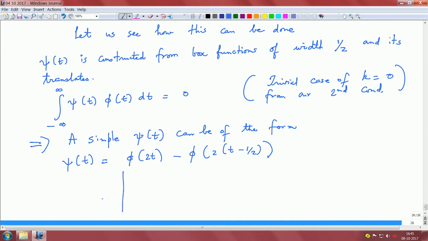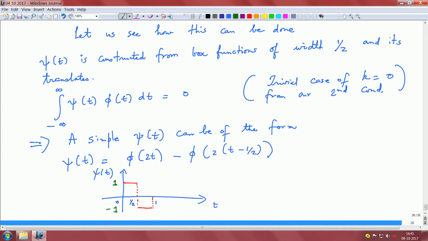If we just sketch this, this is 1 and say this is minus 1 here.